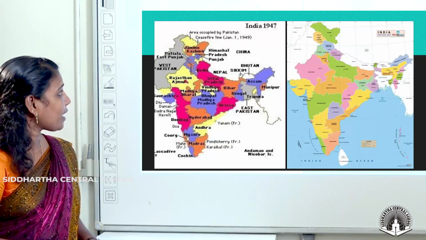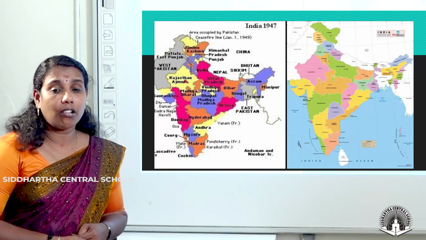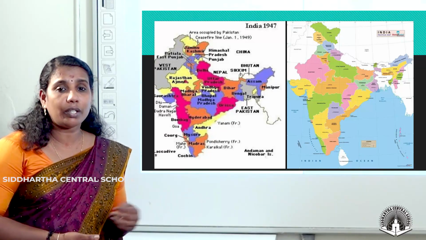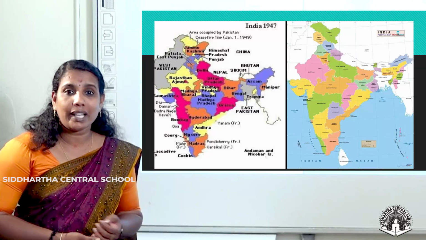We were surprised to see that a lot of changes were there. The boundaries of a lot of areas were not there, and many old states vanished.